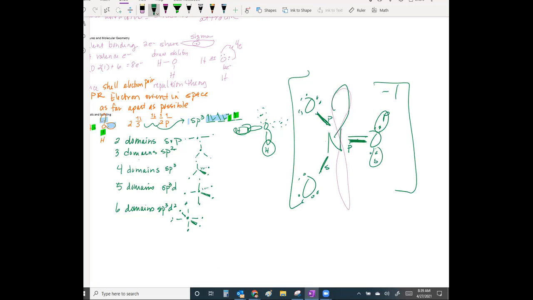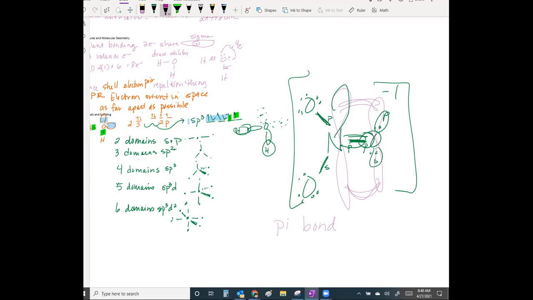These lone pairs are in one of the p orbitals. And then there's a sigma bond in a p orbital. So it also has an unused p orbital. And those can overlap, and that's what we call a pi bond. A pi bond is another bond above or below the sigma bond.